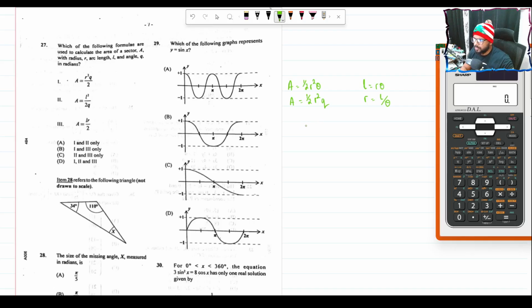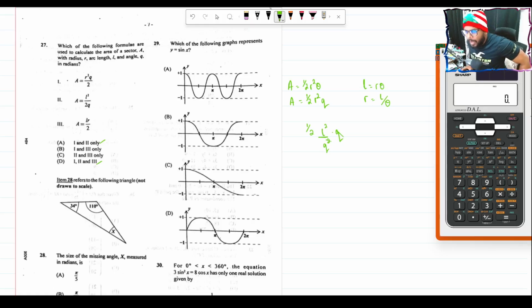So this could be a half r squared, which is L squared over Q squared multiplied by Q, because this here is r squared. Cool. Q could cancel with Q, and I get a half L squared over Q, or L squared over 2Q. So 2 is a part of the answer as well. So it could be either this or this.